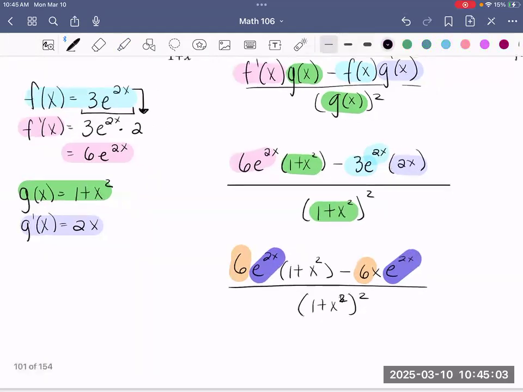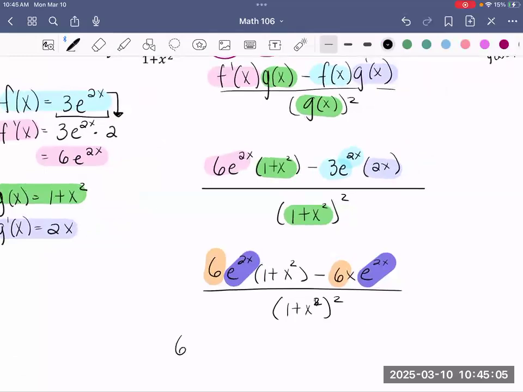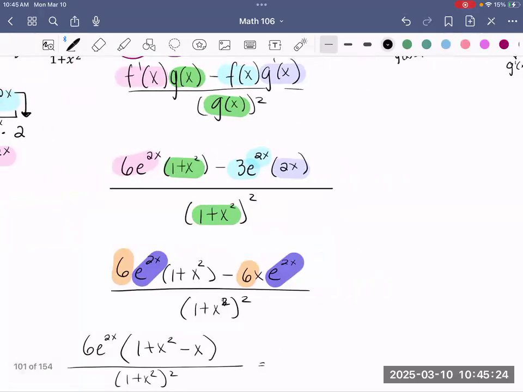So in its place, we took out the 6, e to the 2x. And so notice that this one didn't get highlighted, so that one gets to remain behind. And this one, we just have an x that did not get highlighted, so we have minus x over here, all over 1 plus x squared, squared. Let me rearrange that ever so slightly and keep track of what got highlighted, how that came out.